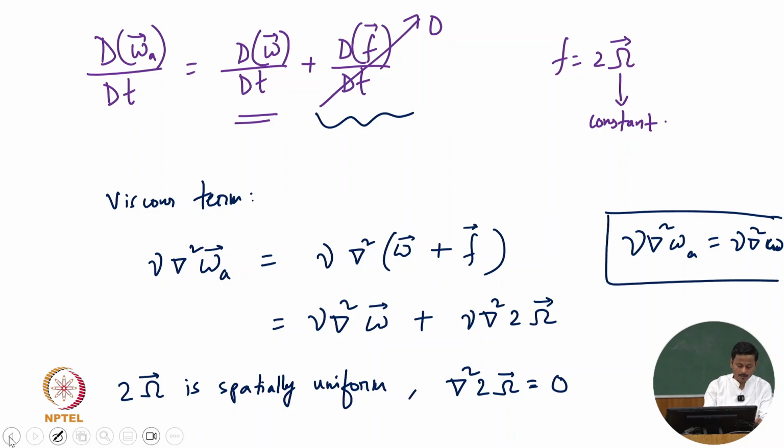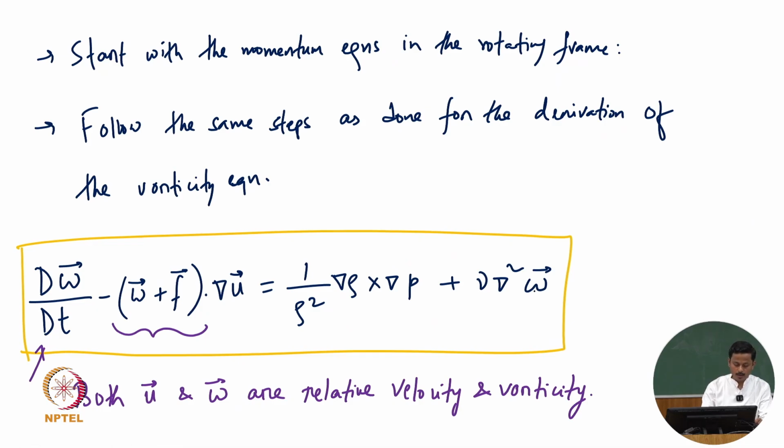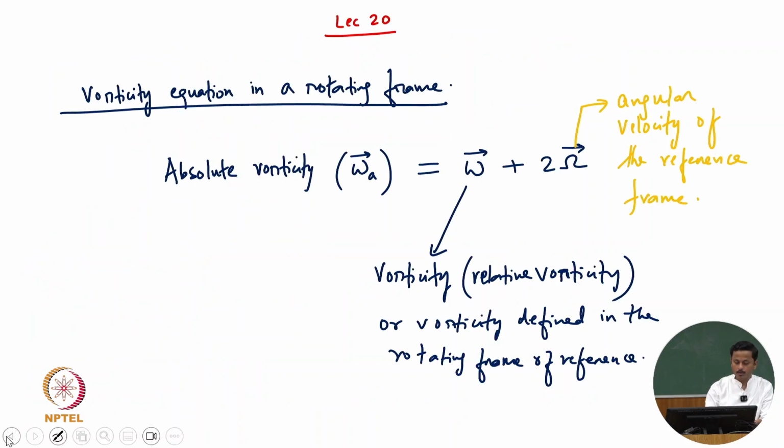This is the reason why we have only omega appearing in these two terms and not omega a. Only this term has omega a, which we have defined as the absolute vorticity.